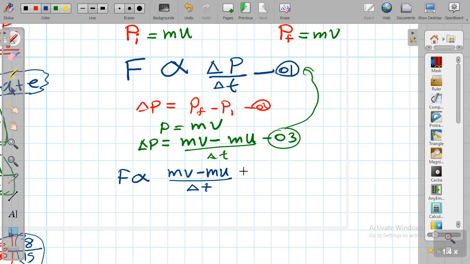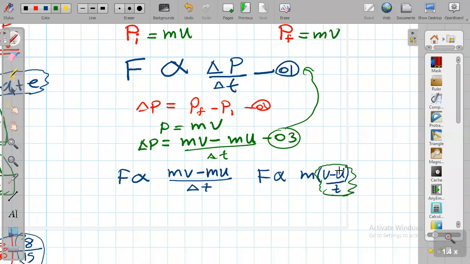Right, good. But there is a big problem. Why? Because this looks really ugly. I have to rearrange this: m out, and v minus u over t. What is this v minus u over t?